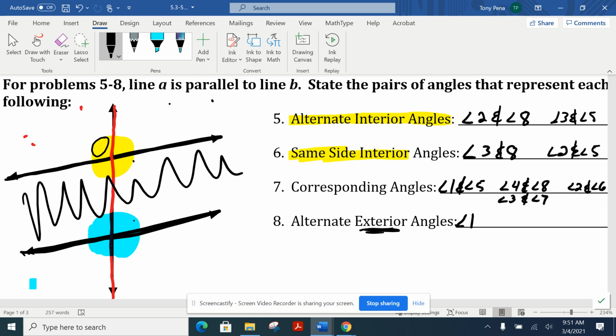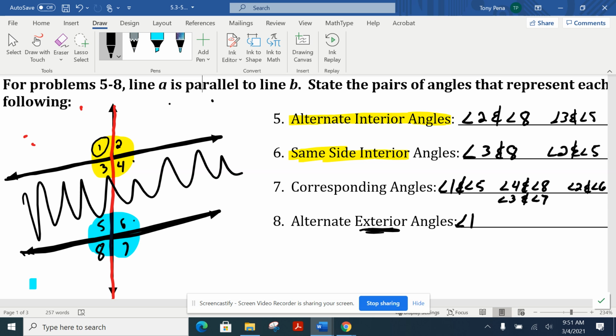Uh-oh, it just disappeared on me for some reason. Why did that just happen? That's usually not a good sign. Where's the 7 at? Is it 7, 8 right here? This is how it's on your sheet?